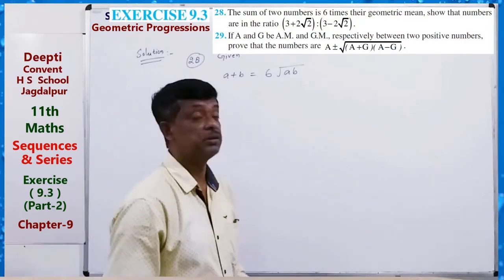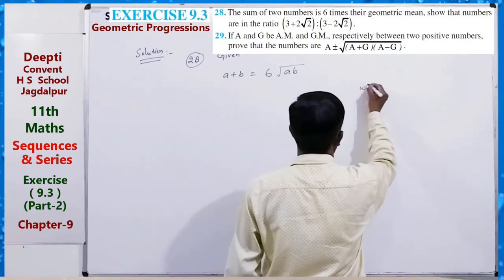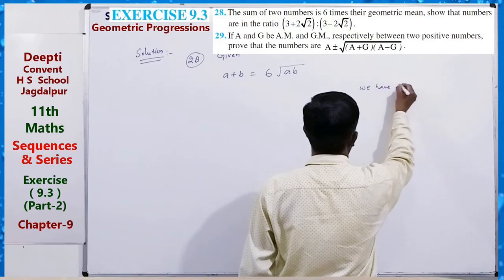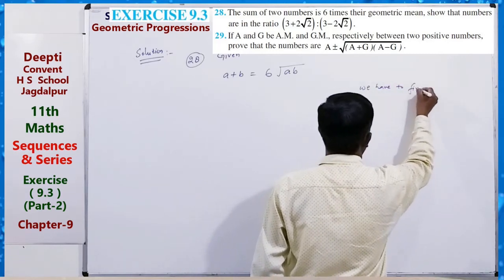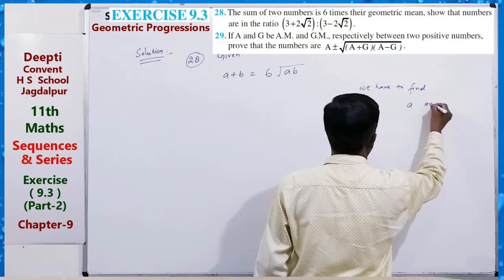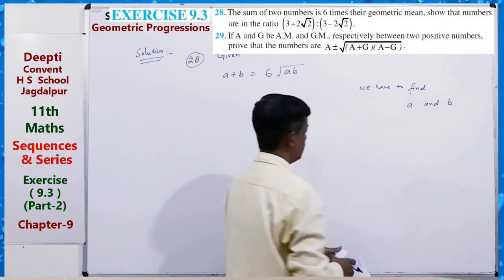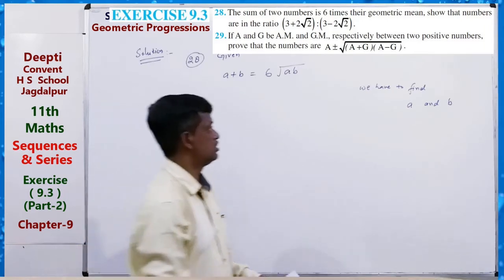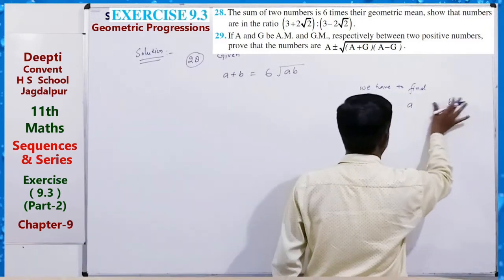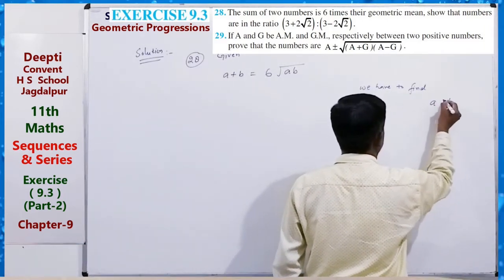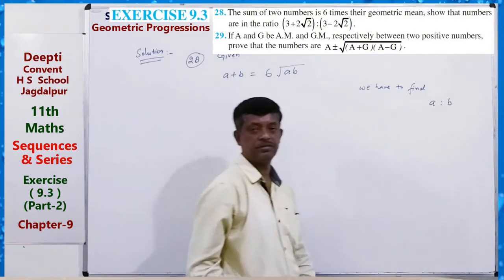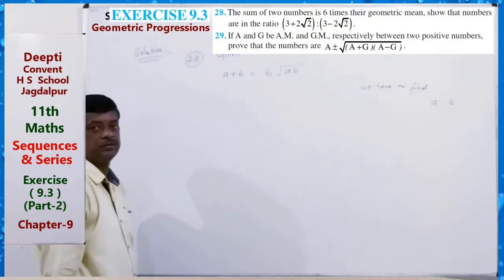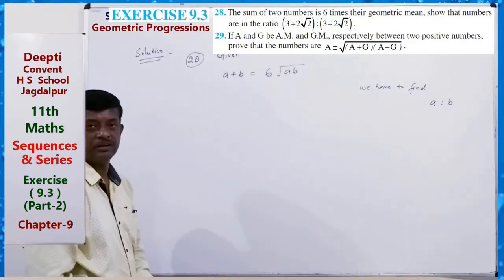Now we have to find the numbers a and b. Sorry, we have to find the ratio a ratio b. It is given.